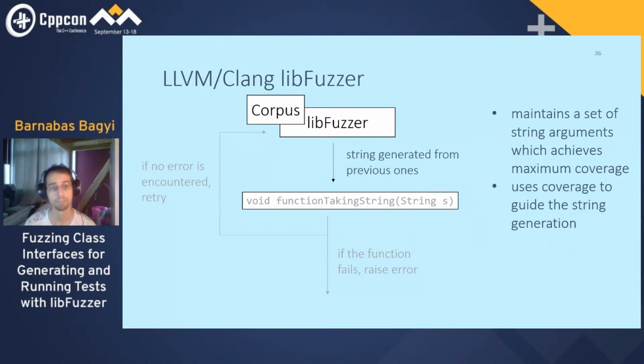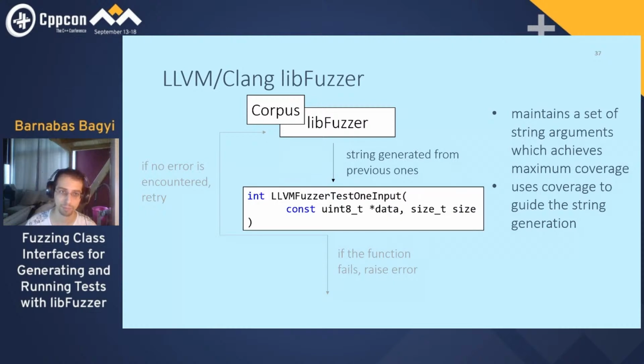And libFuzzer does not generate the string absolutely randomly. It uses the previously generated strings and combines them with different mutational algorithms, with the reasoning being that interesting test cases more likely will combine into newer interesting test cases. Now, libFuzzer uses this function that the user has to define as a target.